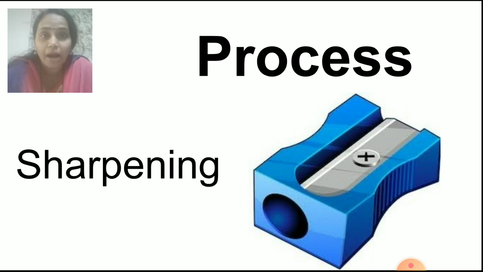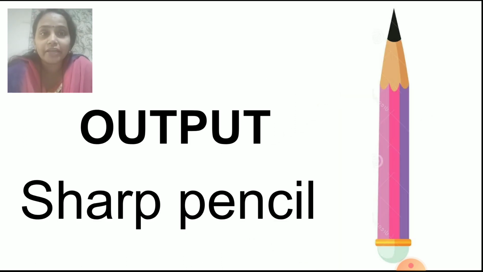You need to use a sharpener to do sharpening. This is the process. After sharpening the pencil, we get a sharp pencil. This is our output. Input is a blunt pencil, process is sharpening the pencil, and then output, what we get? We get a sharp pencil.